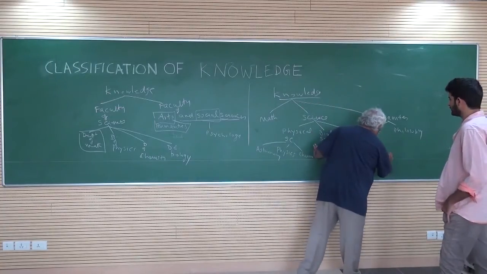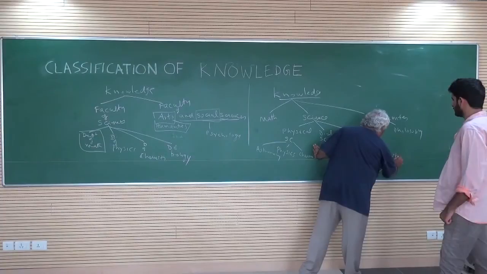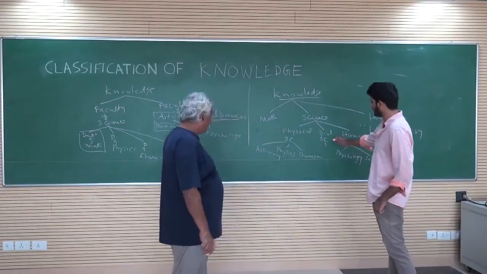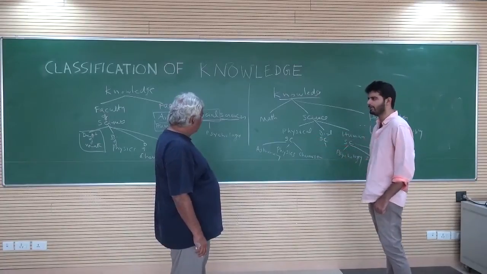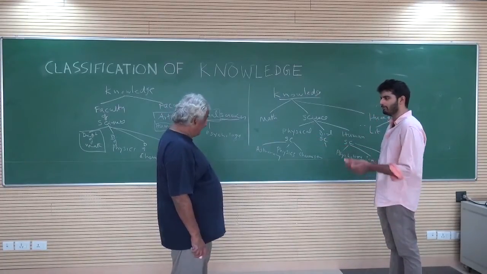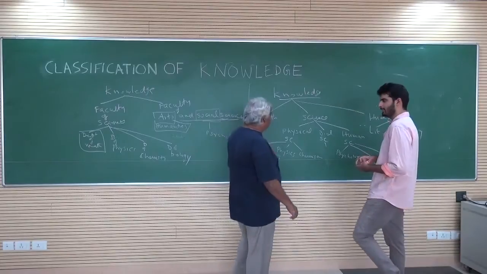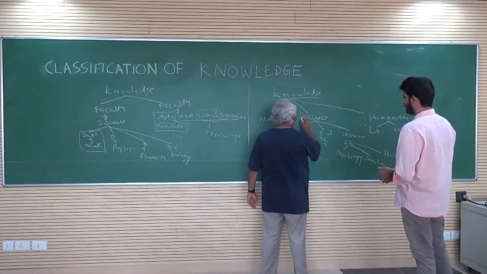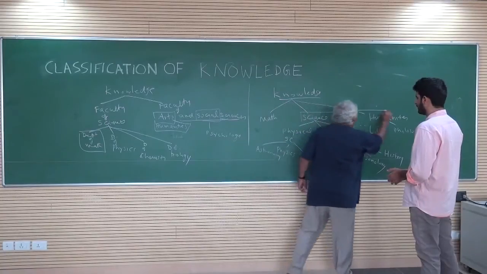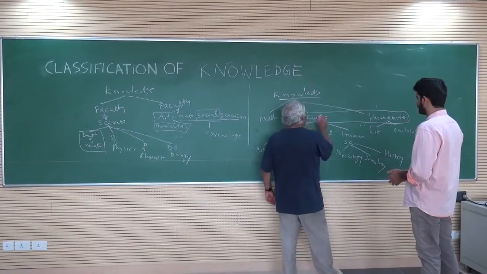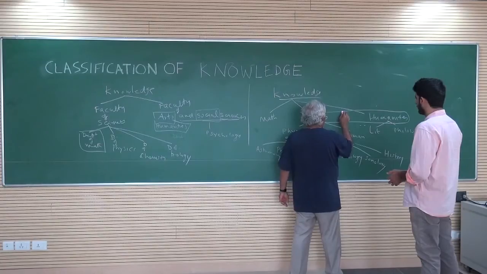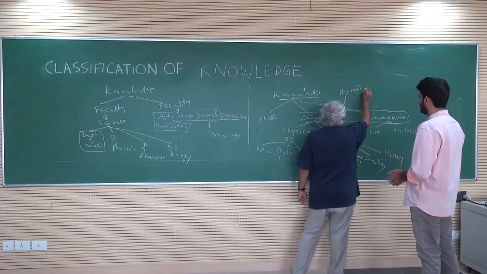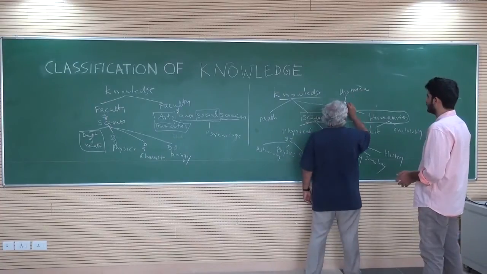And you can also have history. But wouldn't history also come here and here? The history of the Earth, the history of life. True. So you could have a different dimension, historical and non-historical.